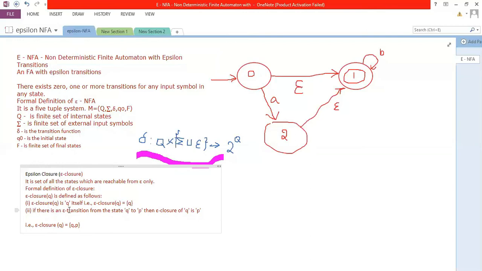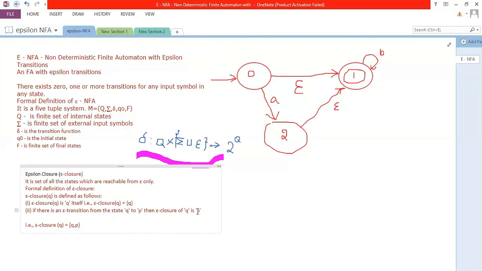If there is an epsilon transition from state Q to P, that means whichever state we are considering, you just check the state. If there is any transition to any other state with only epsilon, in that case you say epsilon closure for Q is P also. So now Q, P.